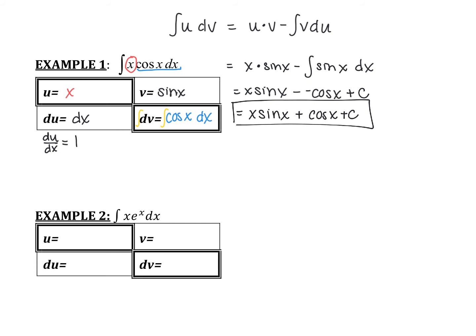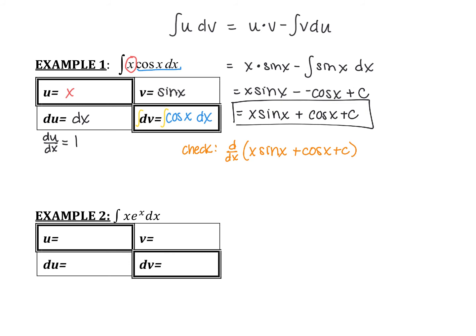Now, if you wanted to, you could certainly go and check your work, and I don't think it's a bad idea to do that. So if we were to check our work here, we would take the derivative of the expression we just found, and we would expect that the answer I get is x cos x dx. So let's do that.